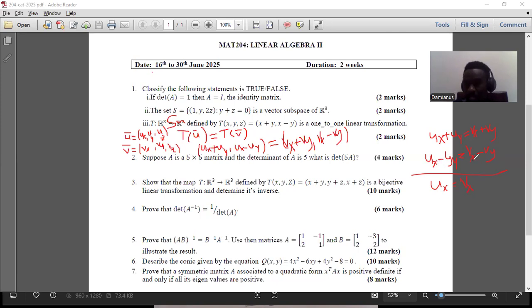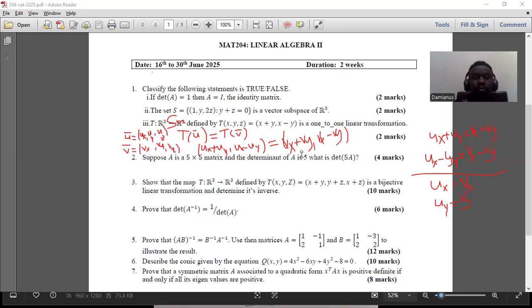And now if this is the case, then if you substitute this one here, you have ux, which is vx, right? So these two guys go away. So you end up with uy equals vy. If you don't see it, again, look at this. If I substitute ux equals vx here, this is ux plus uy equals the same ux plus vy. So ux goes away, you end up with uy equals vy.